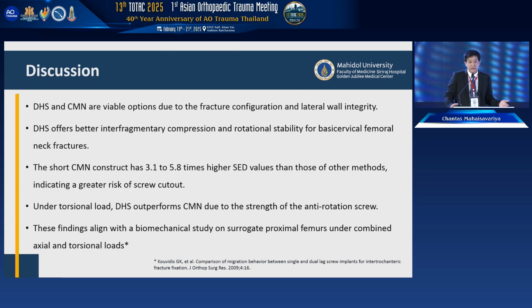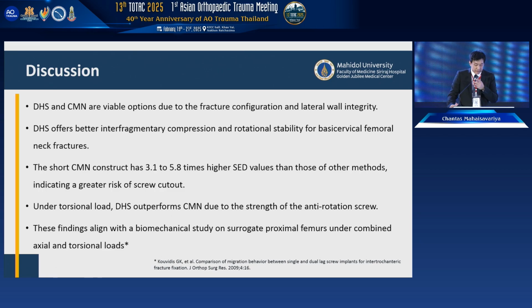From our results, the dynamic hip screw or the cephalomedullary nail is a viable option for fixation of basicervical femoral neck fracture, because the integrity of the lateral wall is intact and quite good. But the dynamic hip screw offers better interfragmentary compression and rotational stability compared to the other methods.